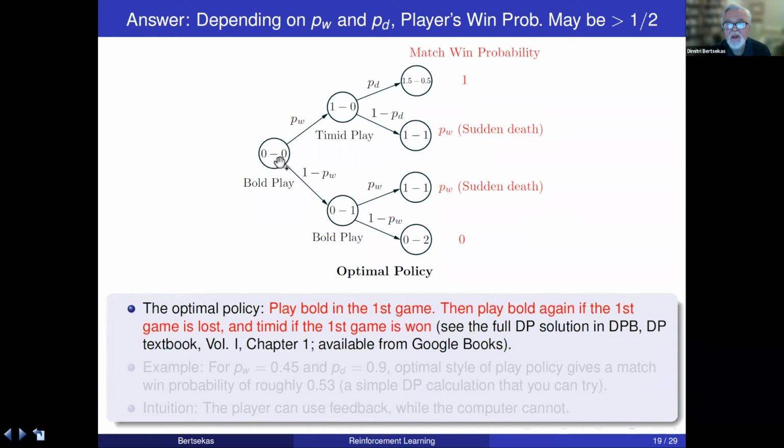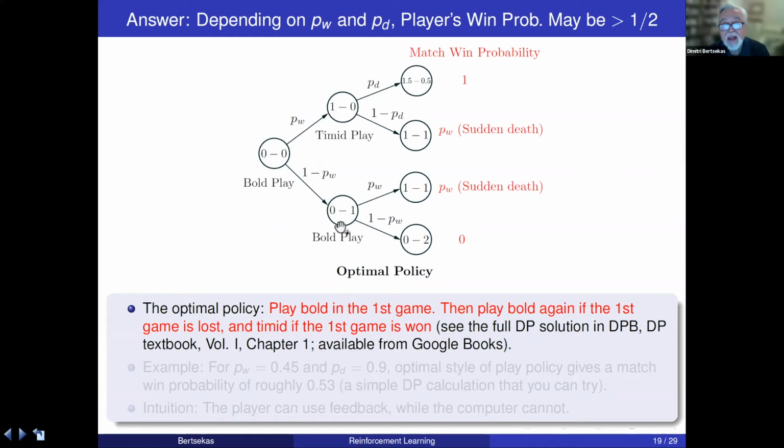Either you win, with probability pw, in which case you have to play timid, okay? Because in the case of a draw, you would presumably have a better chance to draw than to win, and then you would maximize your chances of winning the game, of winning the match.